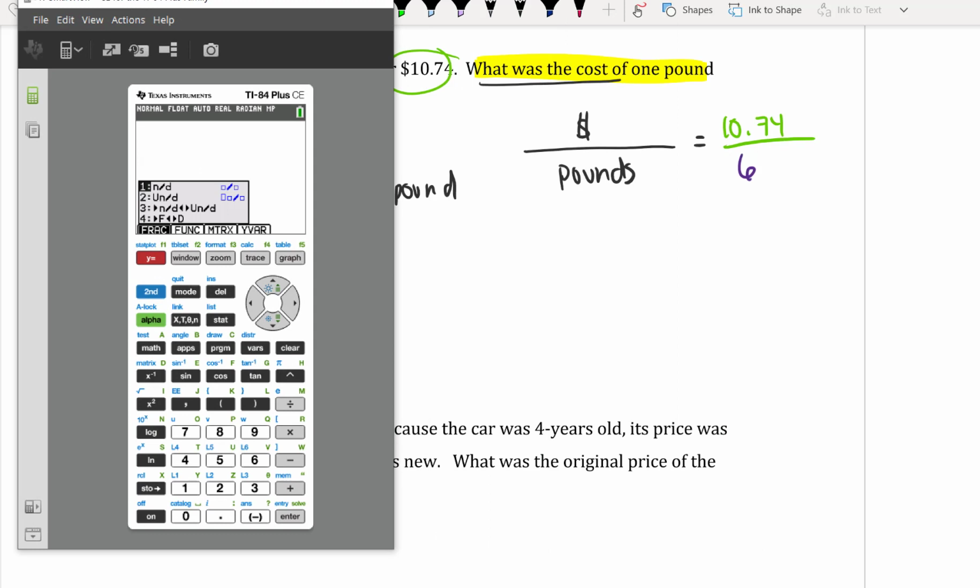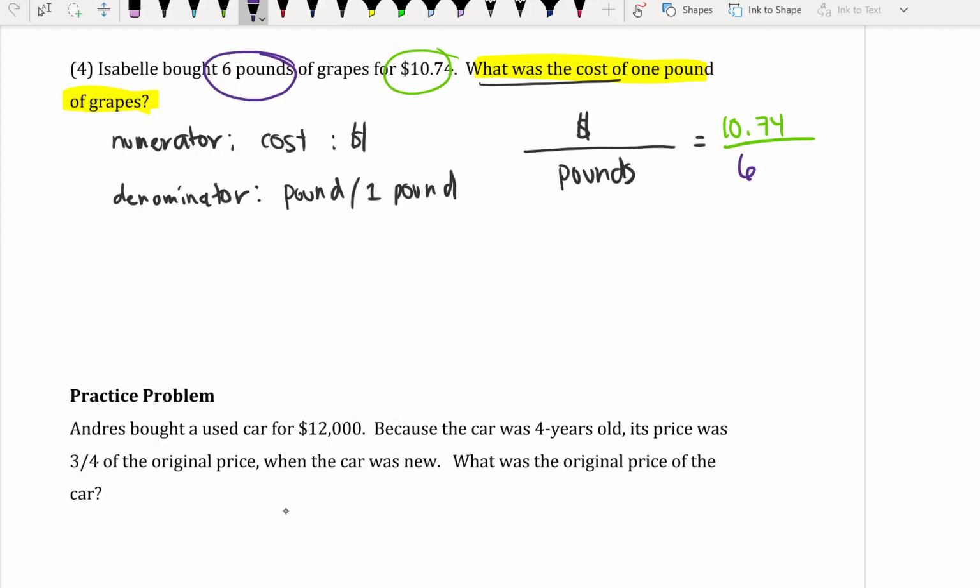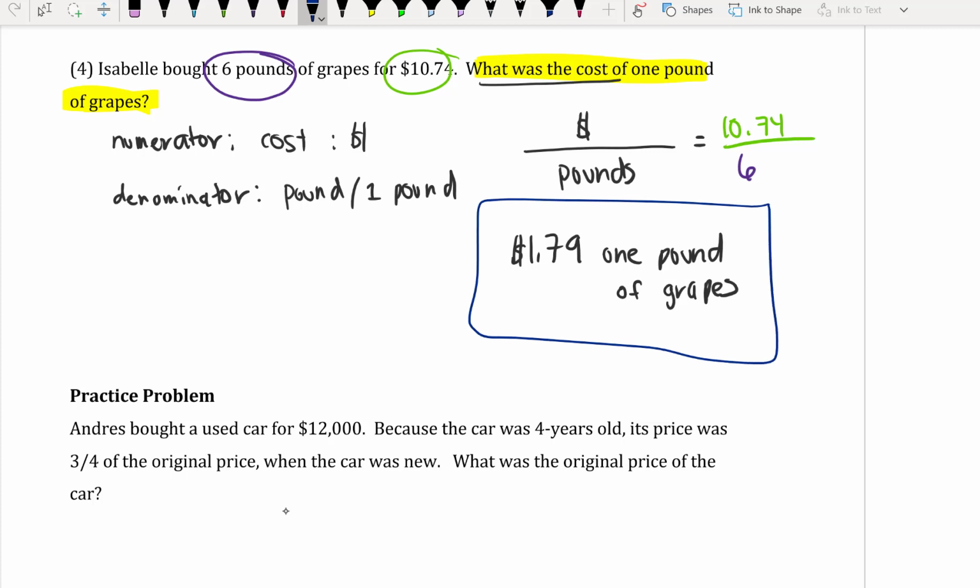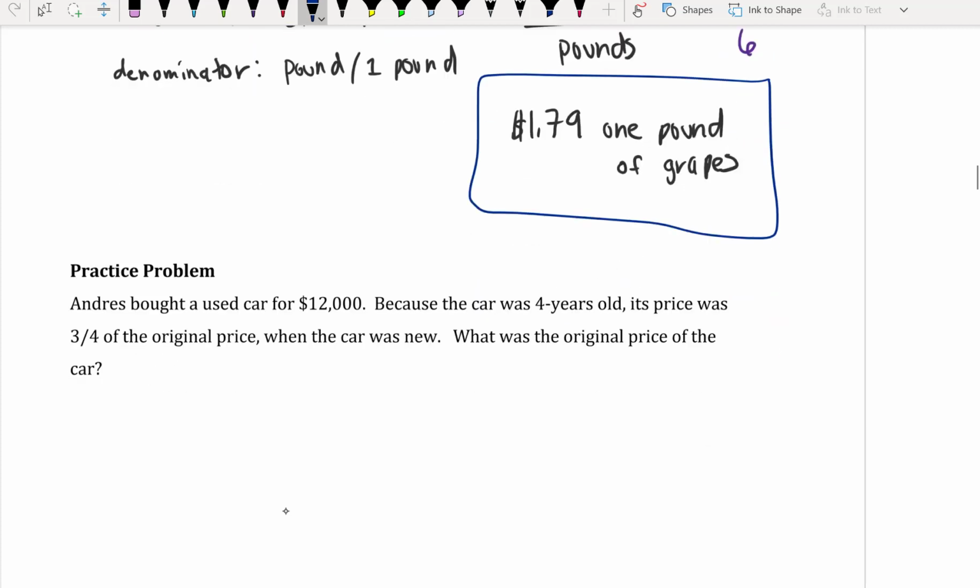So I'm going to have the fraction of 10 and 74 cents being divided by 6. So that gives me 1.79. So it's $1.79 for 1 pound of grapes. So that ends up becoming my final answer.